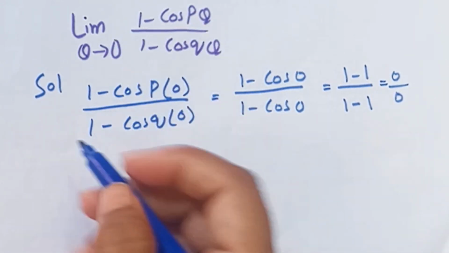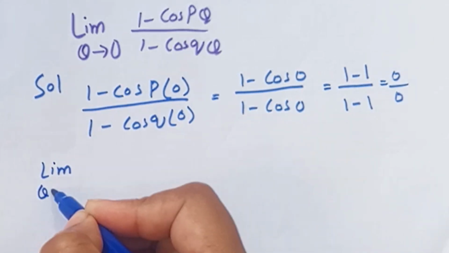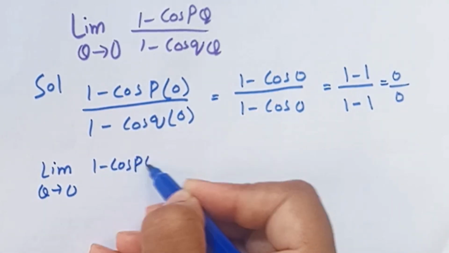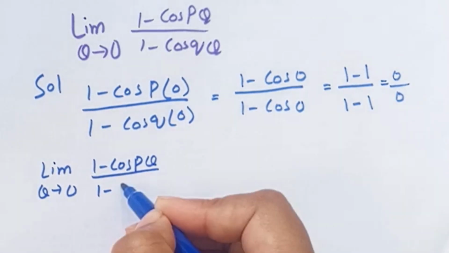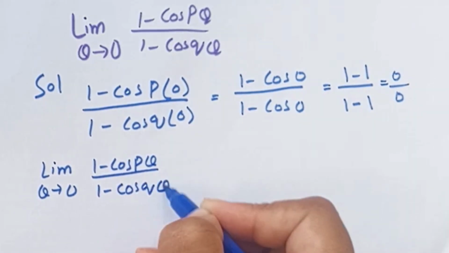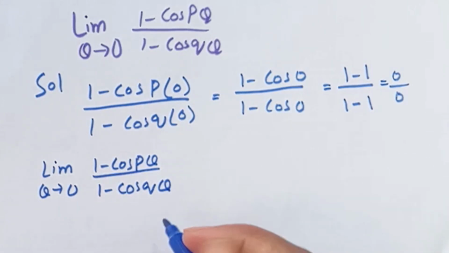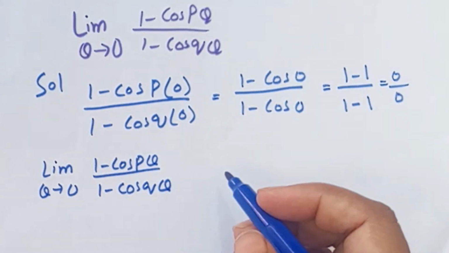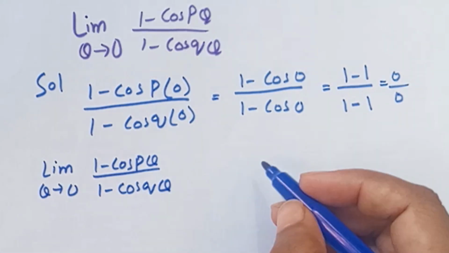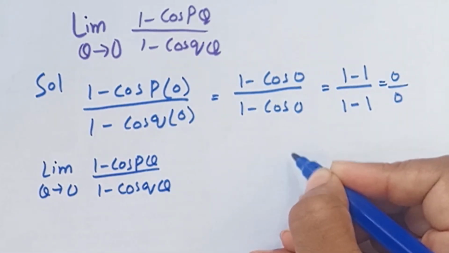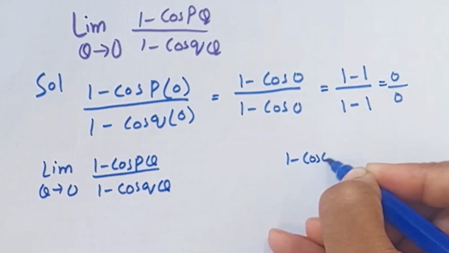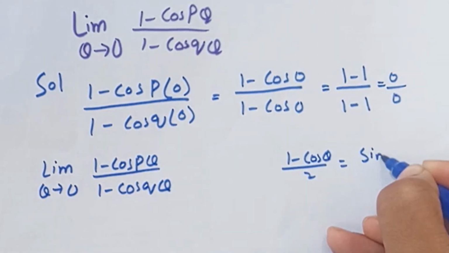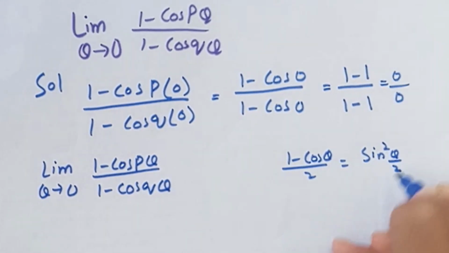So our function is limit theta approaches 0 of (1 minus cos p theta) over (1 minus cos q theta). To find the limit of this function, we use some identities, and the first identity we use is (1 minus cos theta) over 2 equals sine square theta over 2.